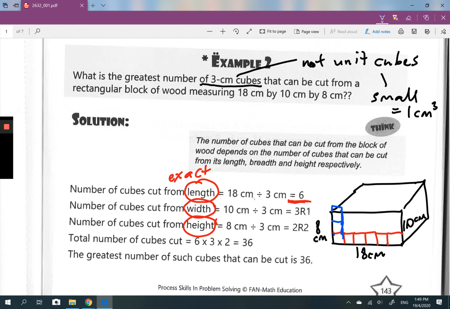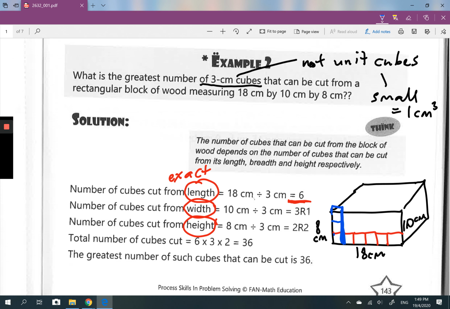And 9 will cause this cube to be jutting outwards. But that's not how we can cut the small 3 cm cubes. So the number of small cubes that can be cut from the height is not 3 but 2.